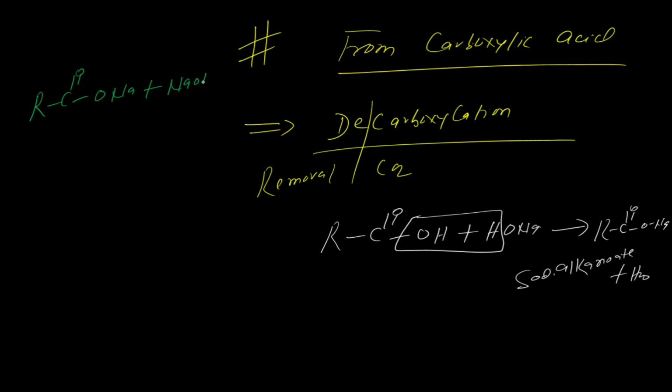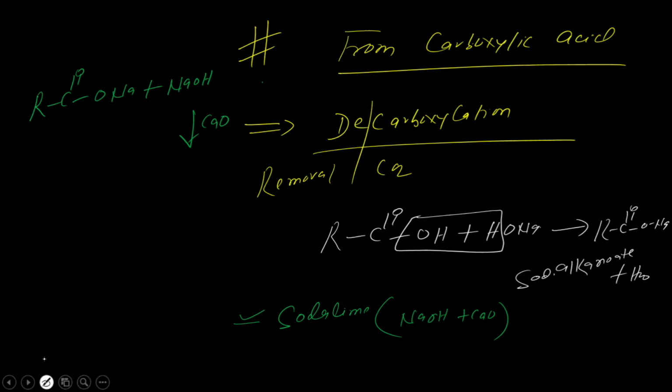NaOH and CaO together are known as soda lime. So when the sodium salt of carboxylic acid reacts with soda lime, it forms alkane.